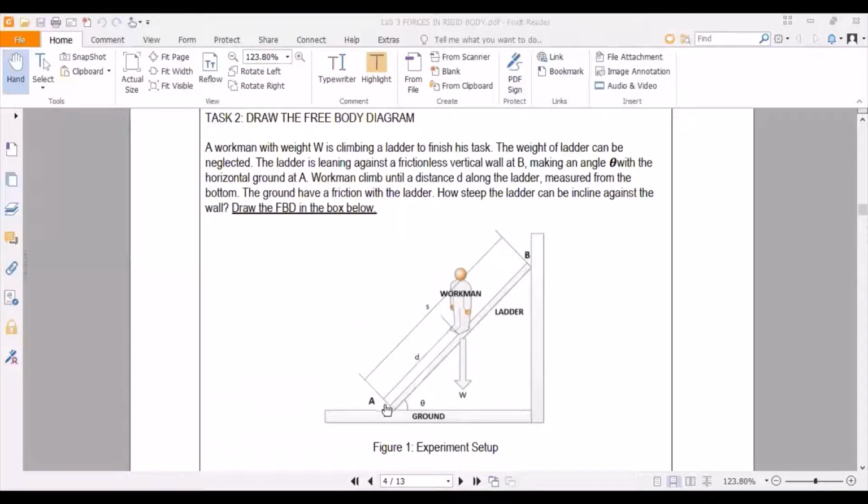In this case, the body is the rigid body of the beam, with the weight between points A and B. The length of AB we call S, while the distance from point A to the weight's coordinate we call D, with a certain angle of theta.